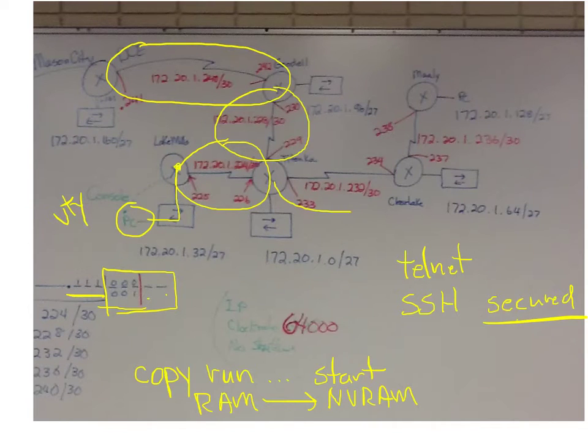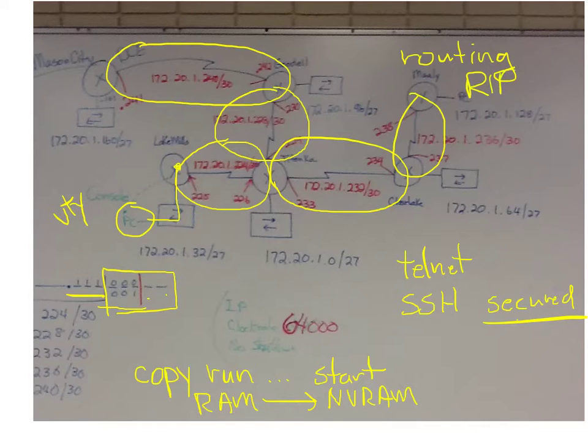So then once we had the interfaces configured, then we turned on a routing protocol. We used RIP, which we learn more about later on, and then that caused us to share the routes.